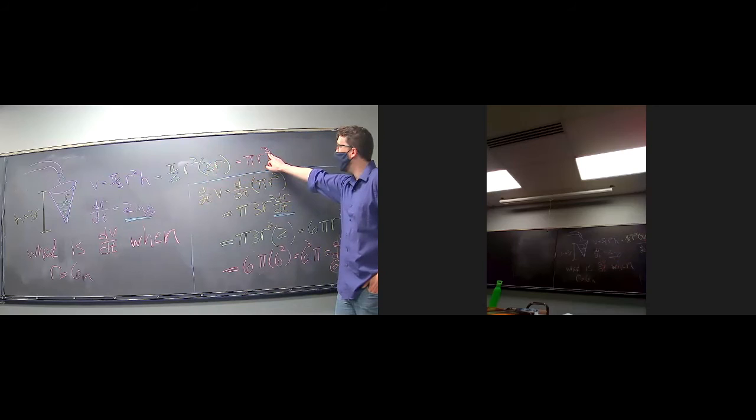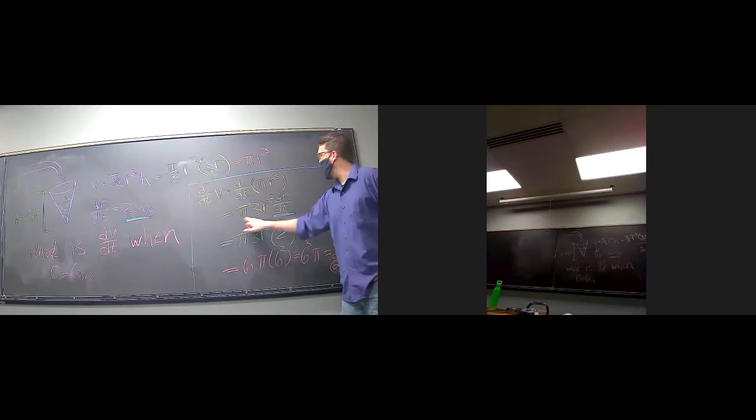Applying the chain rule then gave us pi 3r squared dr/dt. Plugging in what we knew, we were able to solve the rest of this problem. Does this jive with everybody? Yeah, okay.